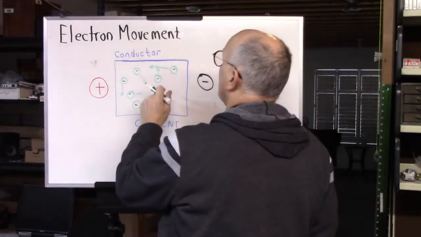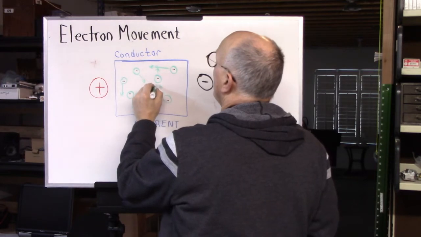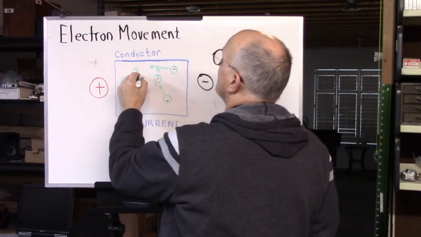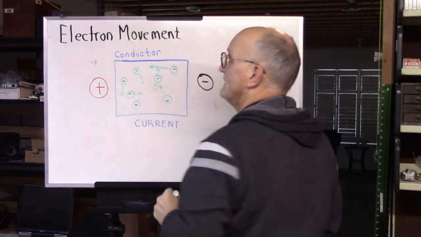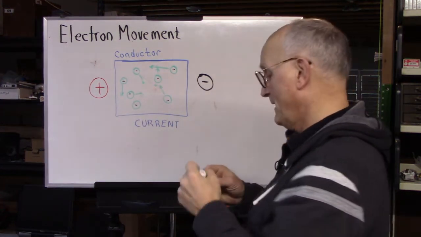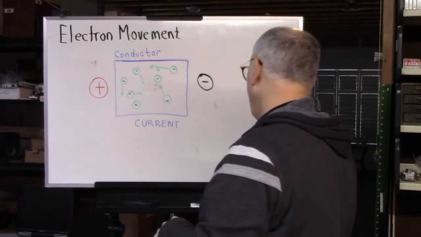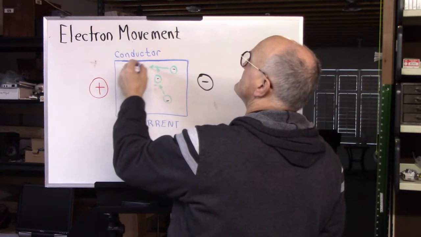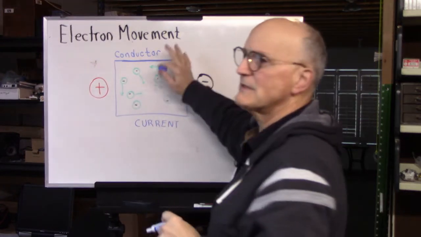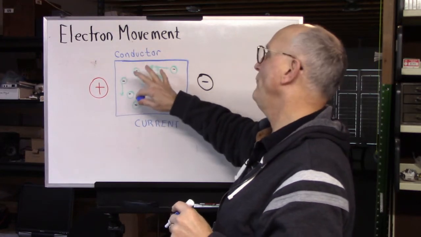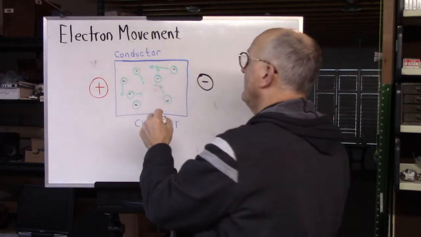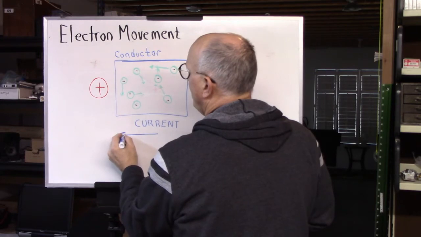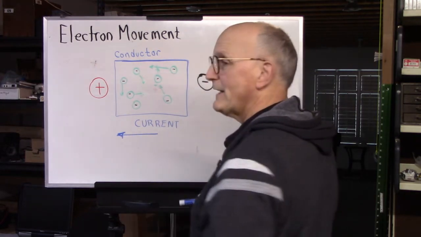And this one will tend to move further in that direction, and this one will tend to move not as far in that direction. And so as a result, what we end up with is a general movement. If you take the vector sum of all of the movements of these electrons in here, you're going to find that they are going to be favoring this direction.